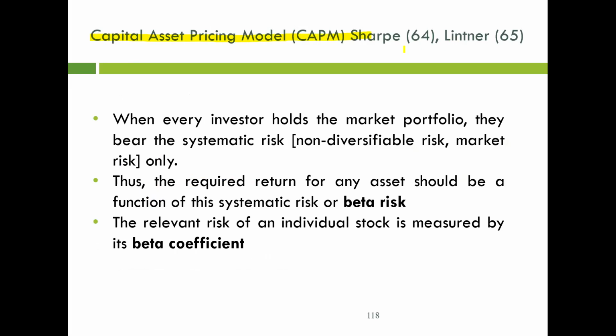This is a very profound model developed to estimate the expected return for any individual stock as well as for a portfolio, either efficient or non-efficient. You can apply CAPM to calculate the expected return.